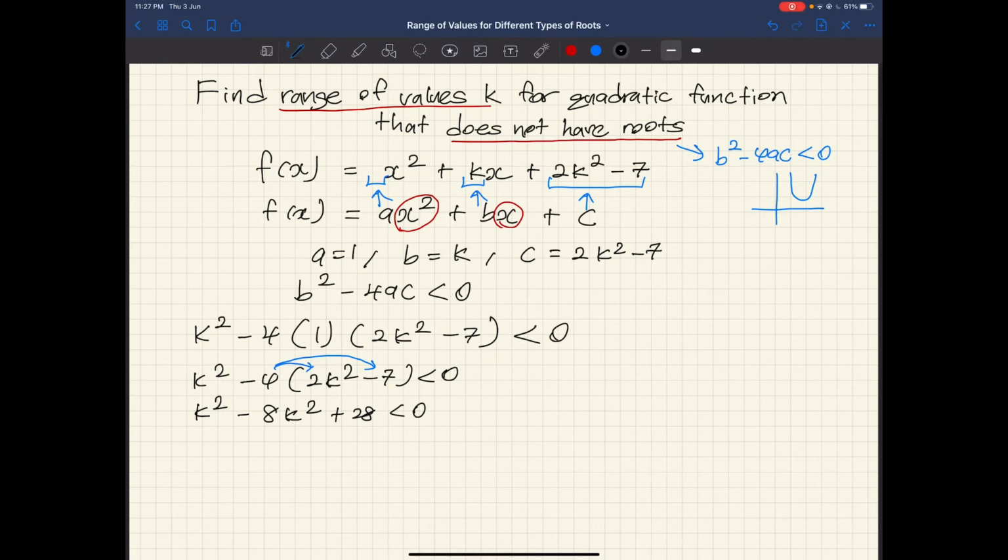If it is complicated and ends up with some decimal places, you can use the quadratic formula. And last but not least, you have the method of completing the square. In this case, it looks like it will solve to a simple value. k squared minus 8k squared, I can still simplify that. I'll get negative 7k squared plus 28 less than 0.